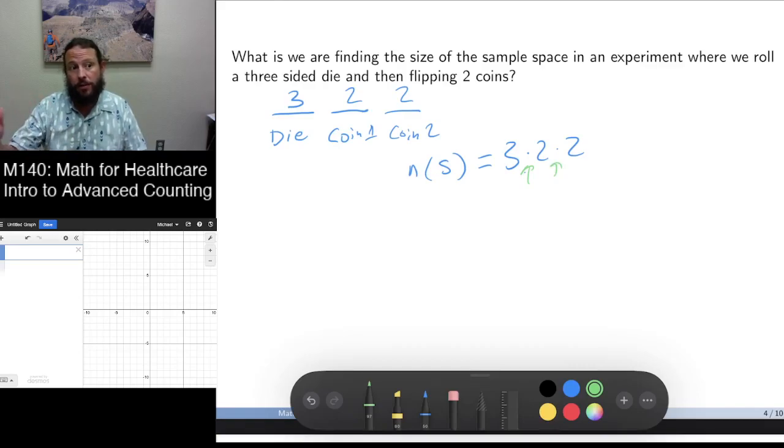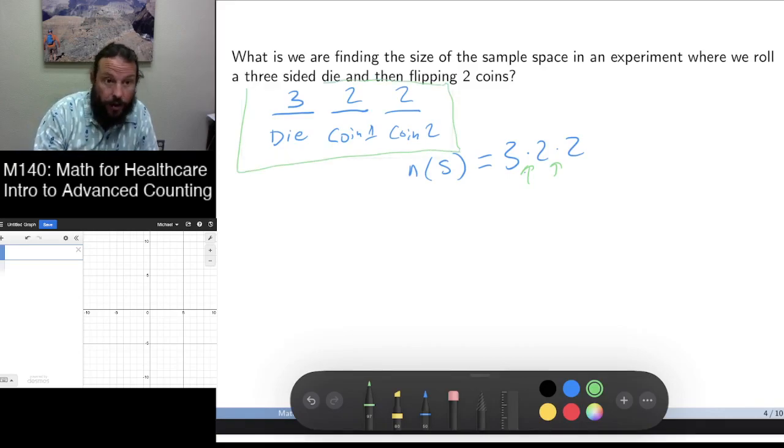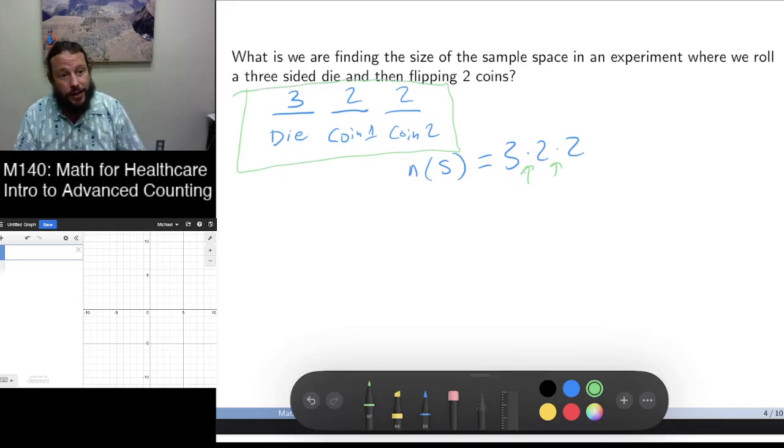You can imagine at the end of our tree diagram from the last slide, that would just be another 2 coming out from each one of those 6 leaves that were already there. And here we get the generalized multiplication principle. This notation, these dashes, I think are very helpful for doing your probability problems. You should be writing those down when you're doing the problems, okay?